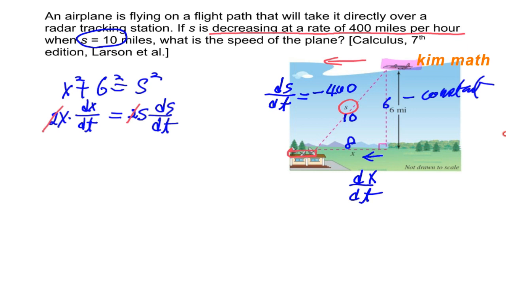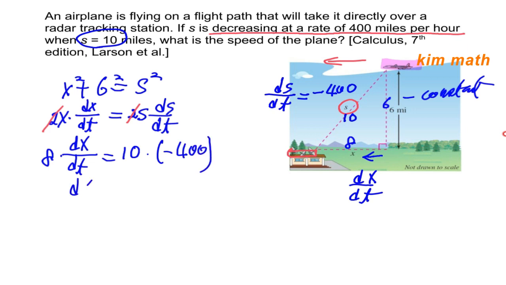Now x is 8, dx/dt is what I want, s at that moment is 10, and ds/dt is negative 400. Good.